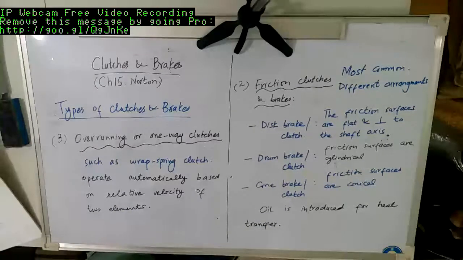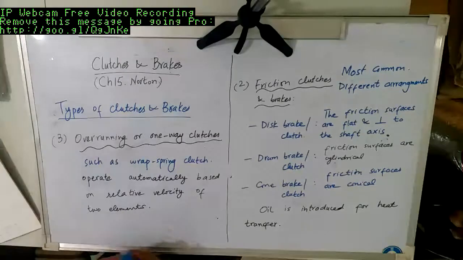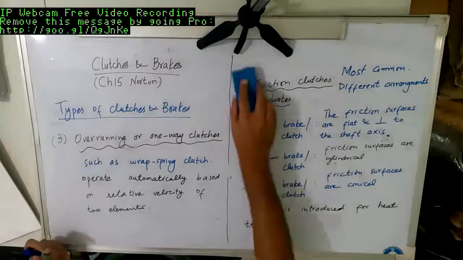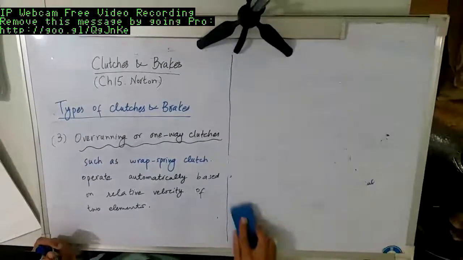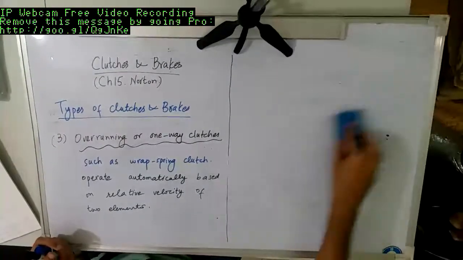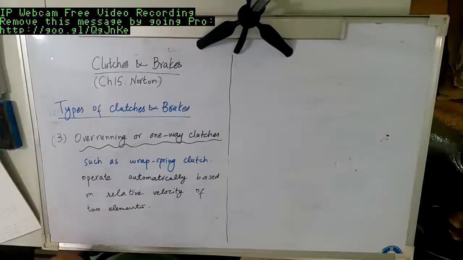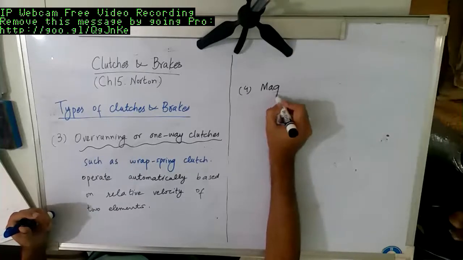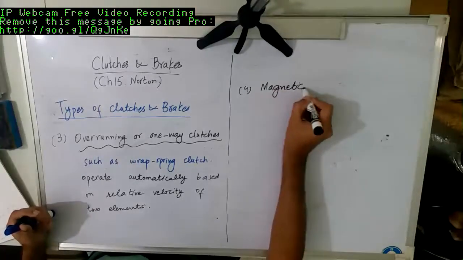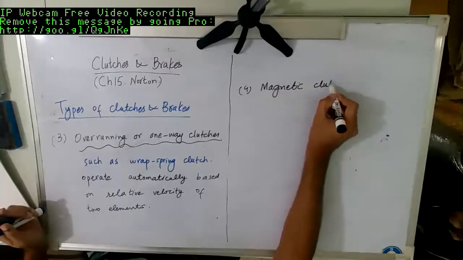Now these are the main types of clutches, but there are a few others which I suggest that you read from the book, and that is also part of your curriculum. For example, number 4 is magnetic clutches.